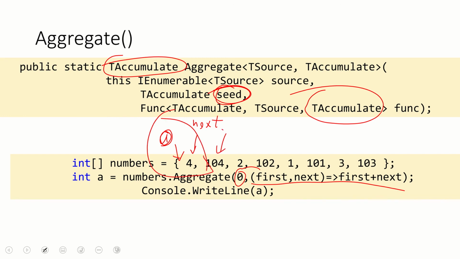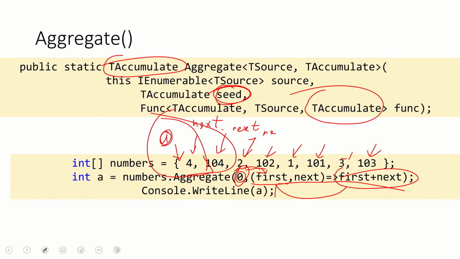Then we put the next right here, then we add them, next to there, and so forth. So this is a seed we make first right here, and the results will update the first as well. Then you get the update.